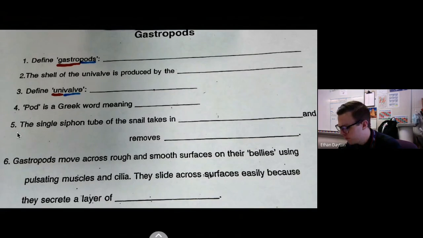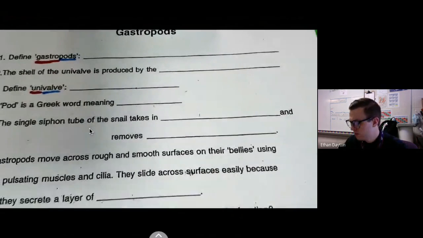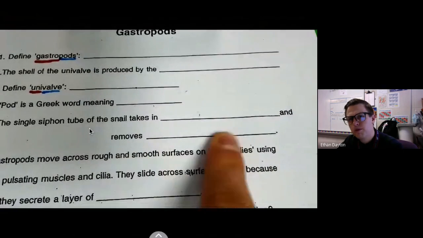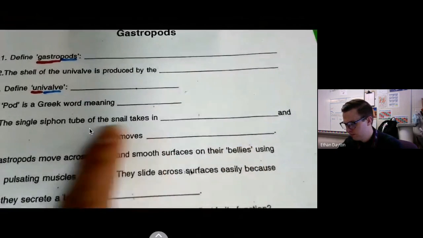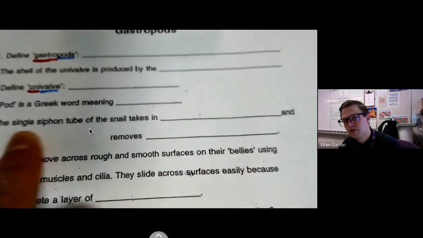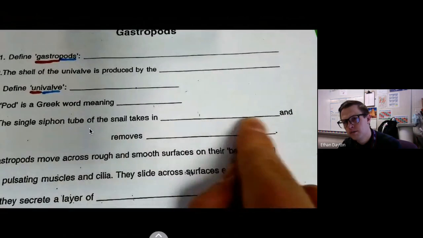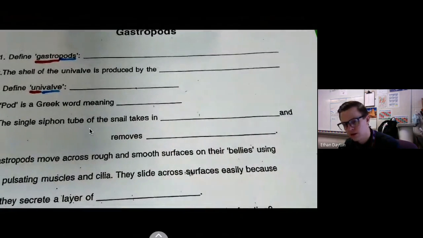All right, number 5. The single siphon tube of the snail takes in blank and removes blank.